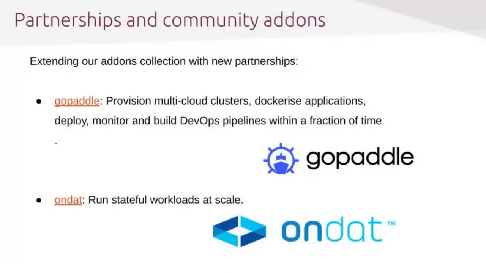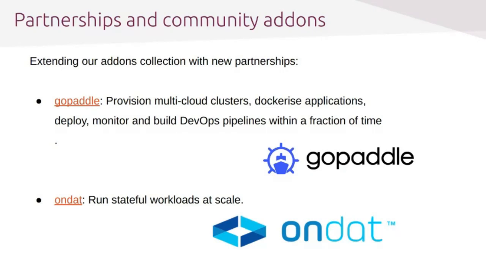I want to point out where a lot of our time and effort went. There are a few partnerships that got established during the 1.26 release, and these partnerships also included the respective add-ons.